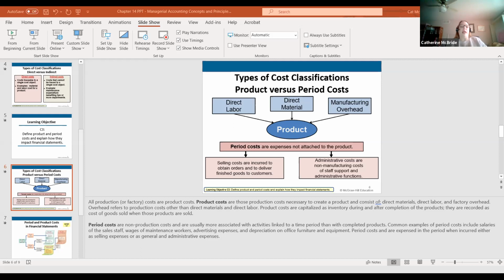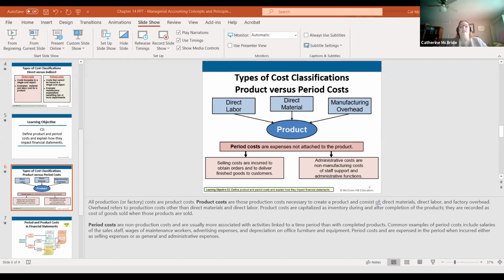Now let's look at direct or indirect. Leather covers for soccer balls. Okay, so that's directly related to manufacturing a soccer ball. Sometimes direct costs are called touch costs because you typically have to touch the product for it to be a direct cost. The annual flat fee paid for office security.